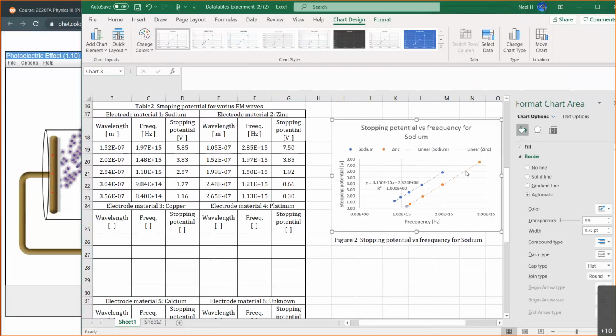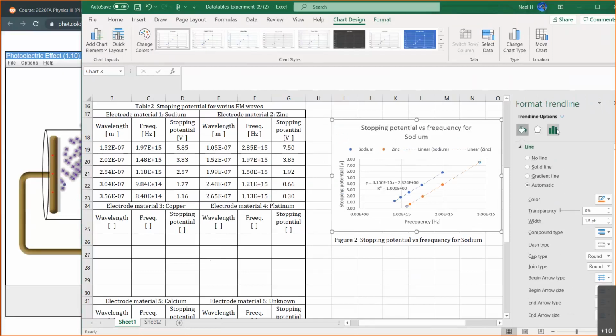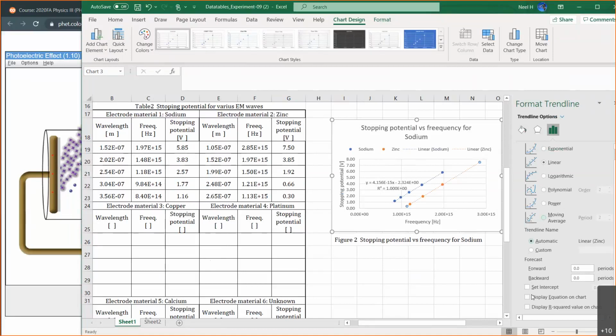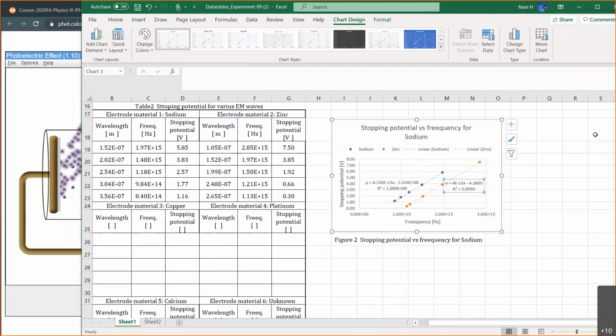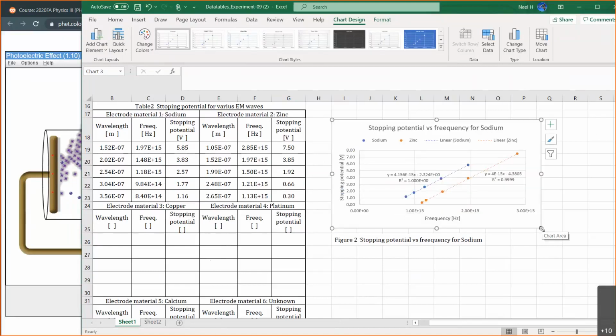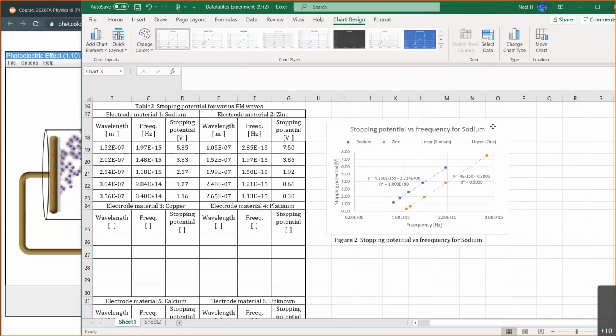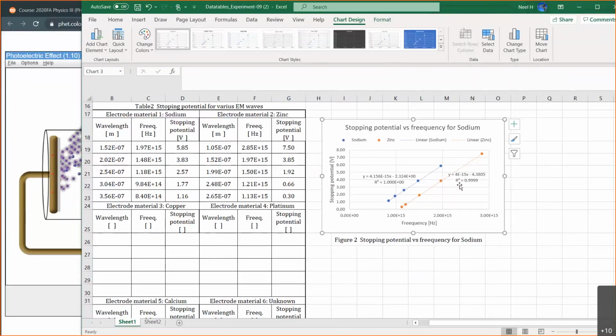Then double click on that, and in trend line options, click the last two. Intercept, do not click that, okay? Make sure that if you're adding more and more data points, the graph is a little bit larger so we can see it clearly. All right, so that looks good.